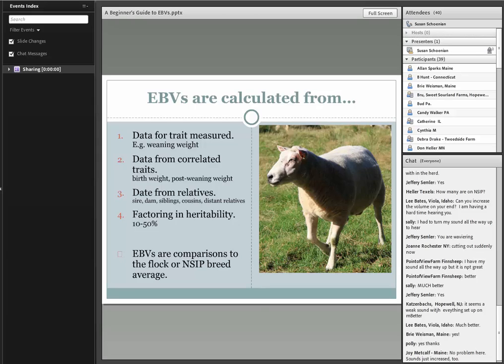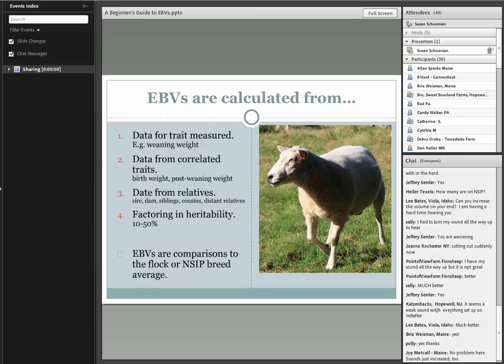Again, just to re-emphasize, EBVs are comparisons. They're not going to tell you how many lambs a ewe is going to have. They're not going to tell you what the weaning weight is going to be. They're going to tell you how they compare to the average. In the case of your flock, the EBV is going to be in relationship to the average in your flock.